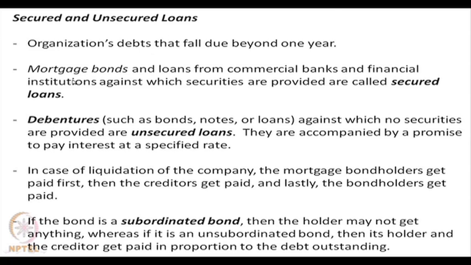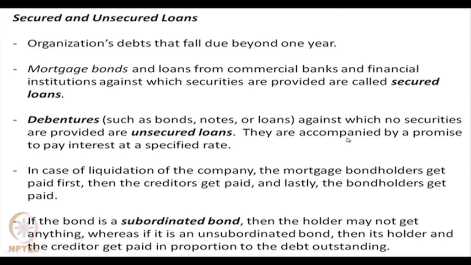We have mortgage bonds and loans from commercial banks and financial institutions against which securities are provided, which are called secured loans, whereas debentures such as bonds, notes or loans against which no securities are provided are unsecured loans.